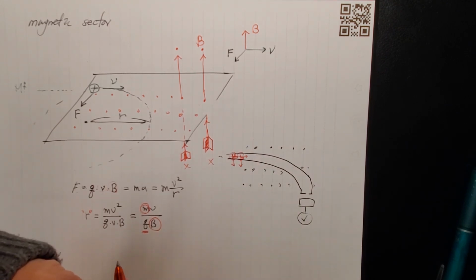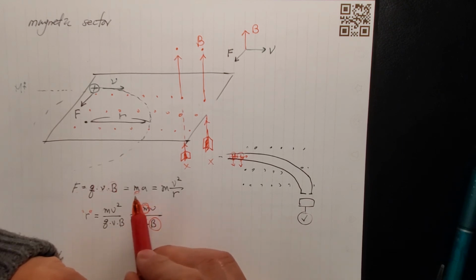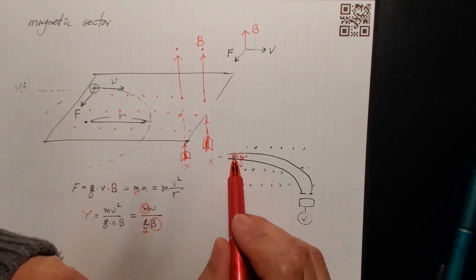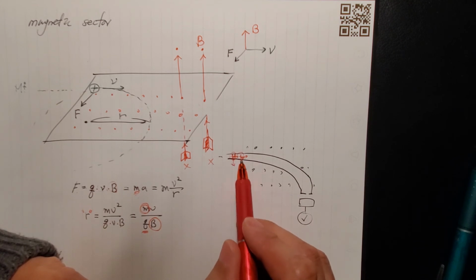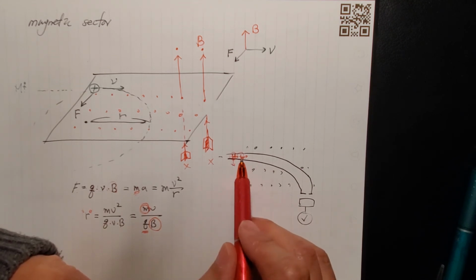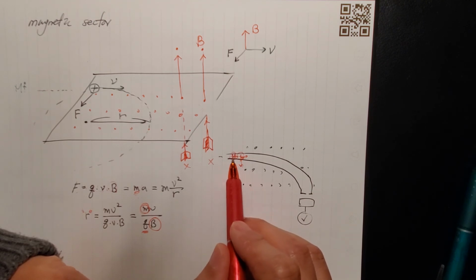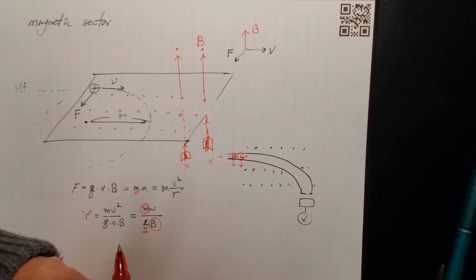Okay, but because of the difference in mass, they have different acceleration this way, so the lighter ones curve more and the heavy ones don't curve as much.